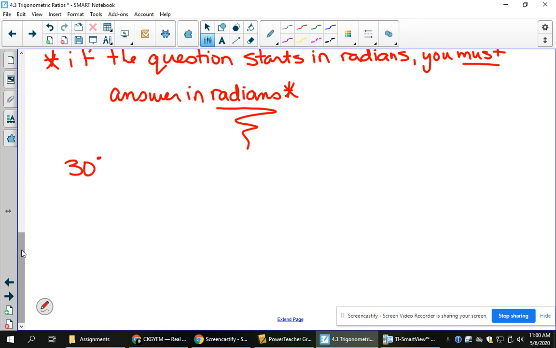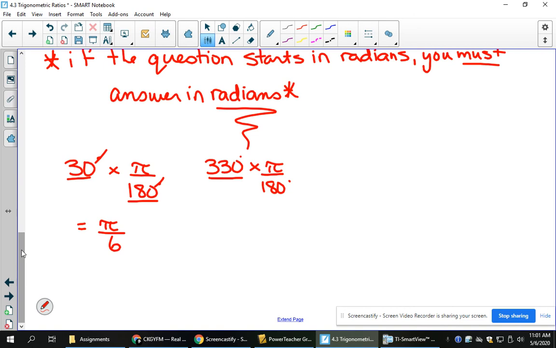I'm starting in degrees and I want to go to radians. So that means I'm multiplying by pi on the top and 180 degrees on the bottom so that the degree units cancel. I'm going to put 30 divided by 180 in my calculator and I get 1/6 and I just pop the pi on. Review lesson 1 if you don't remember how to do this. I'm doing the same thing with 330.